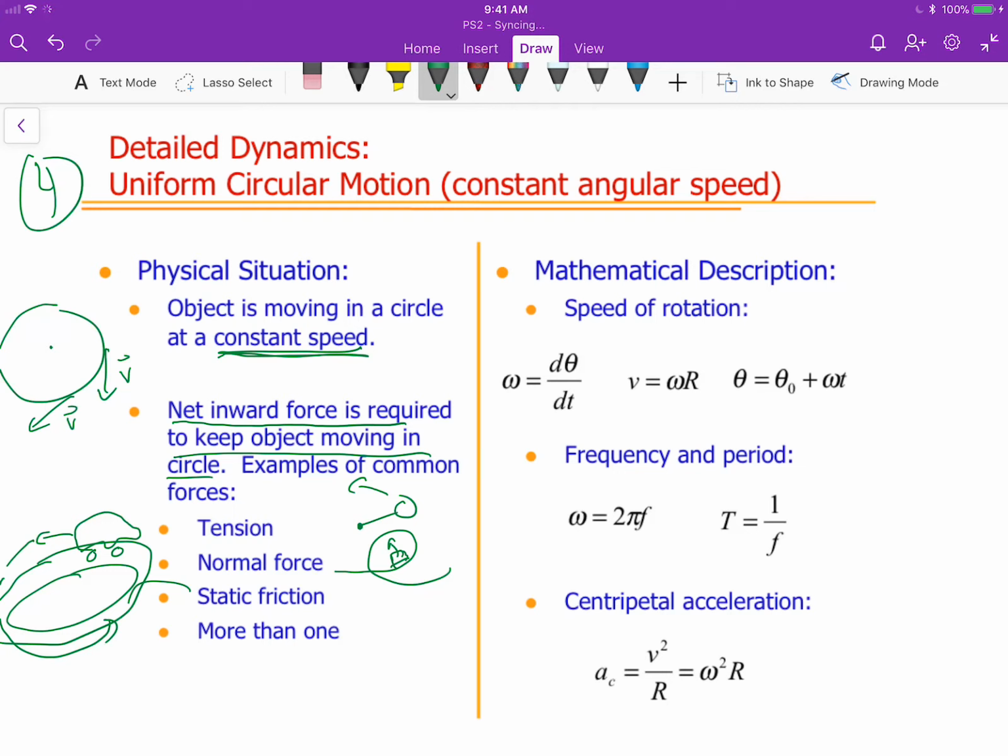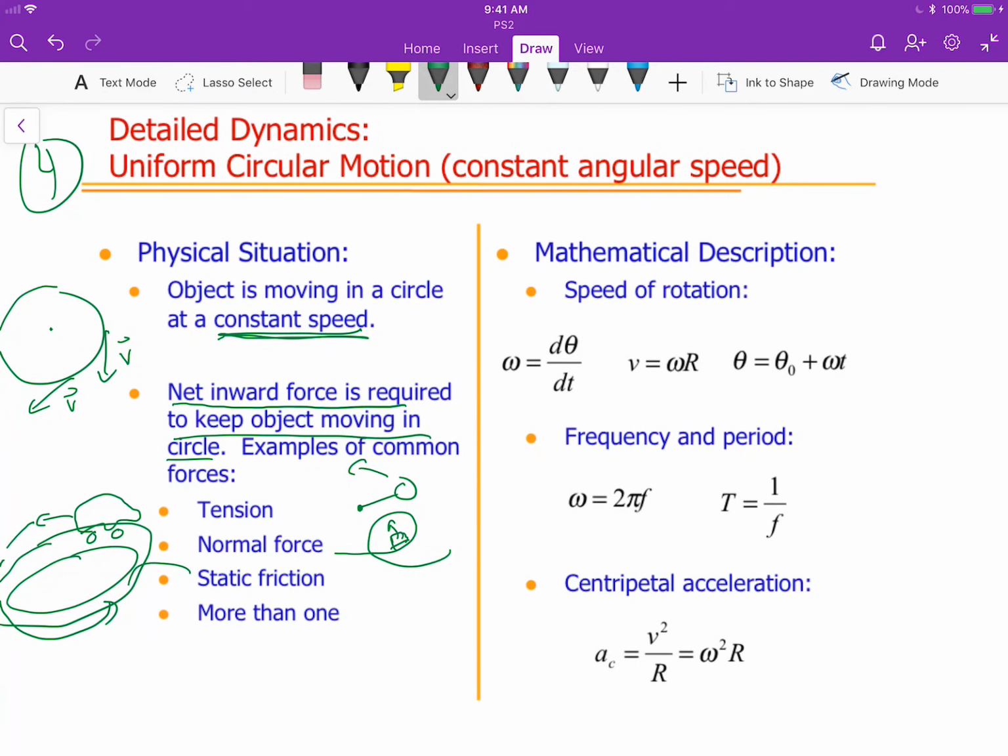So you have some static friction that's keeping it going in that path, assuming it's not skidding or anything like that. Those are the typical forces you'll see that keep something moving in a circle, and we don't call it centripetal force. We just say that we have some centripetal acceleration that's caused by one of those forces.